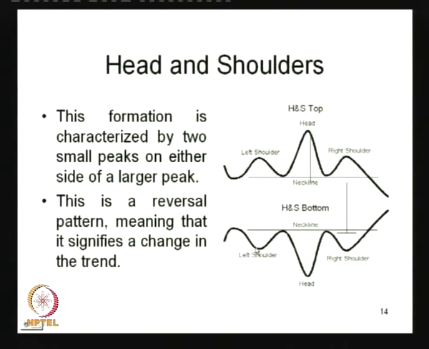Here the two small peaks are above the head. That is why this diagram is defined as the head and shoulders bottom, and what it basically shows is that once this shoulder happens, the price has gone up. So it shows another reversal trend, and we expect that the price will go up, and once it is here, we can expect that again the price will go down.